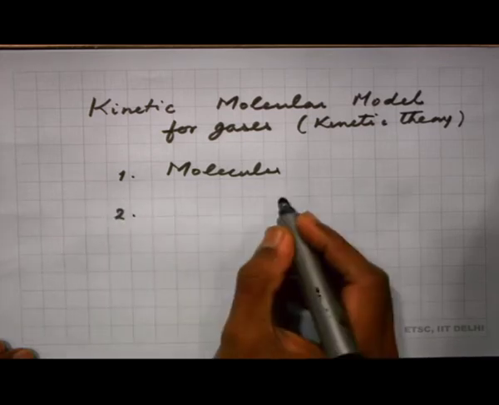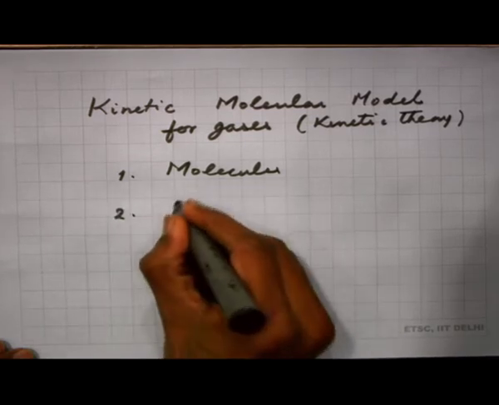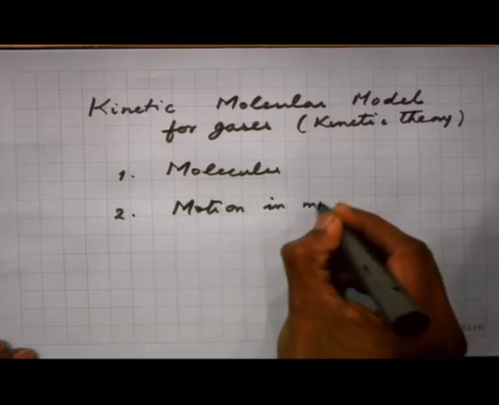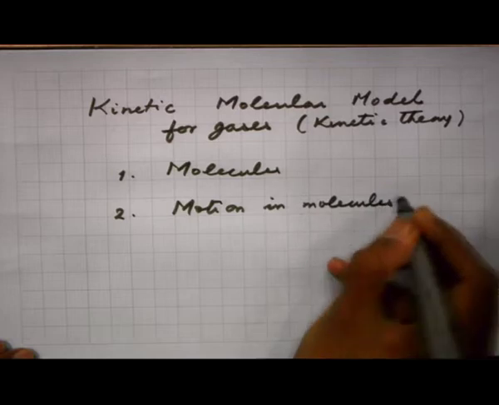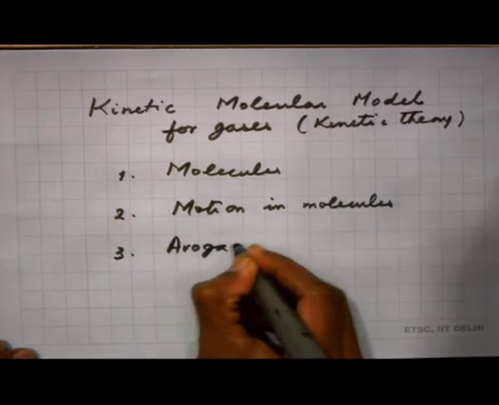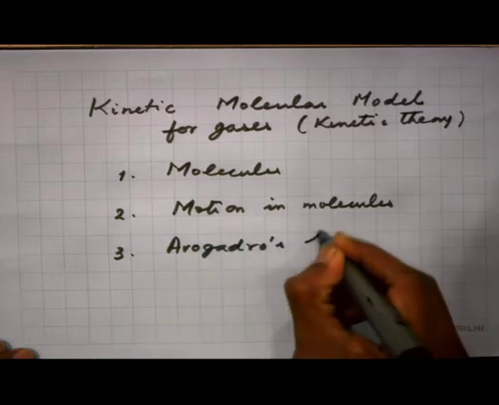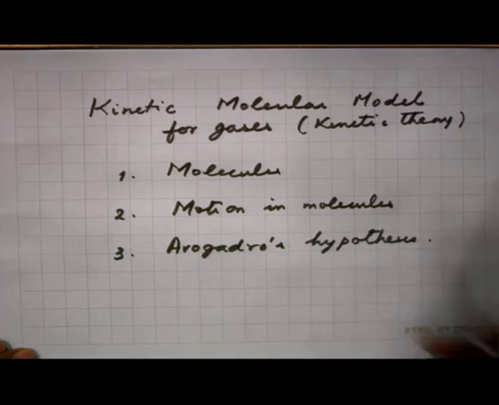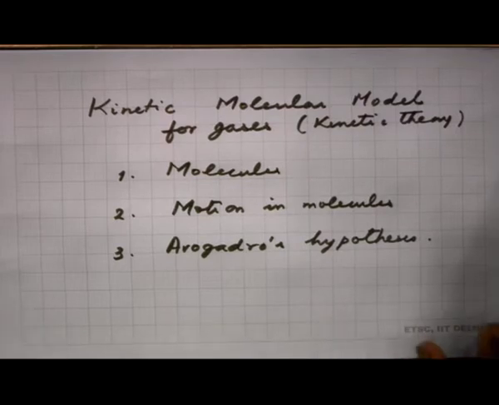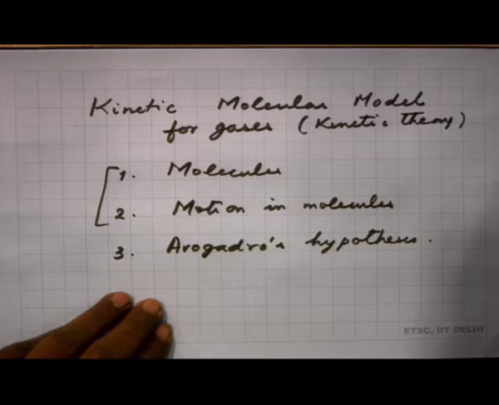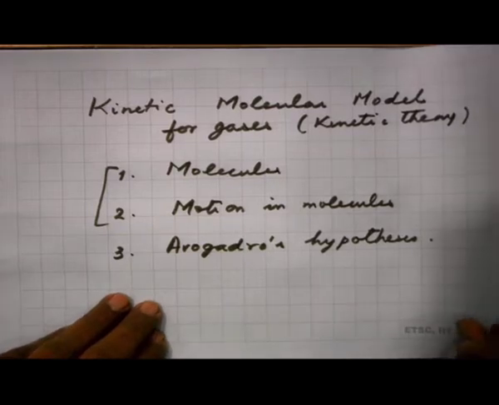The second part of this is about the motion in molecules. And the third part of this model is, of course, Avogadro's hypothesis. So, let us look at, well, Avogadro's hypothesis anyway we have already looked at. So, we will look at parts 1 and 2 here of this model a little bit more carefully.